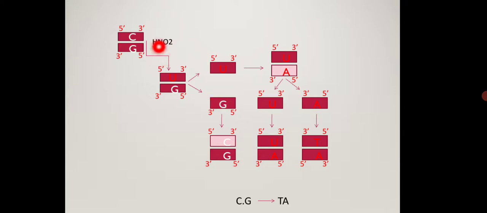When you add HNO2, the hydroxyl group is added to the cytosine, and there will be production of hydroxylamine cytosine, and that is going to pair with the adenine. Getting my point? That is going to pair with the adenine.